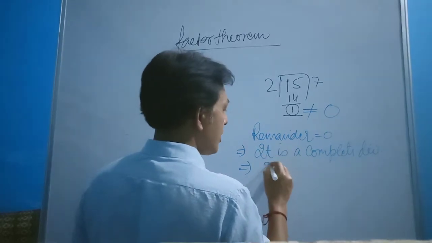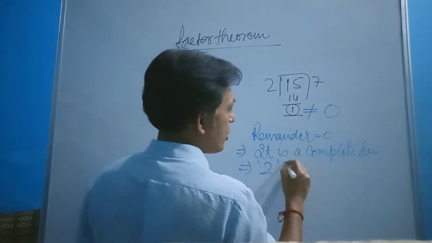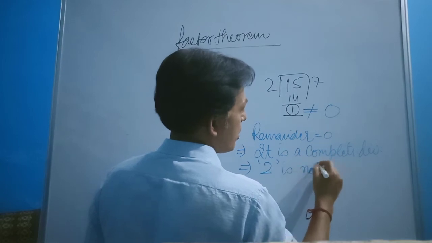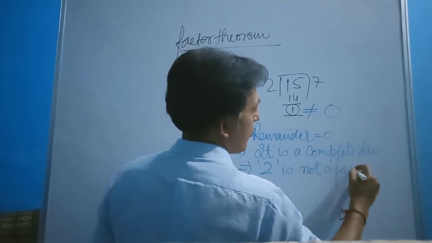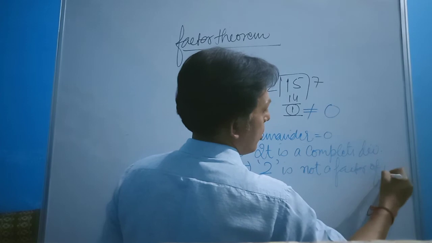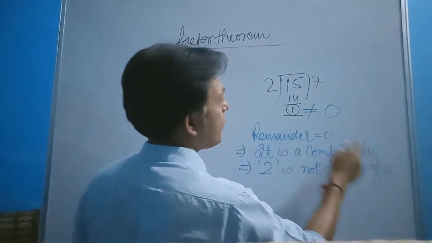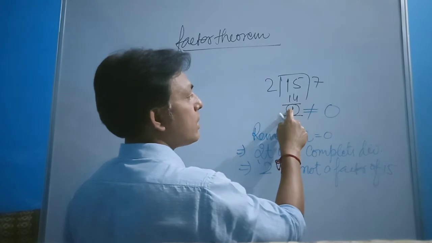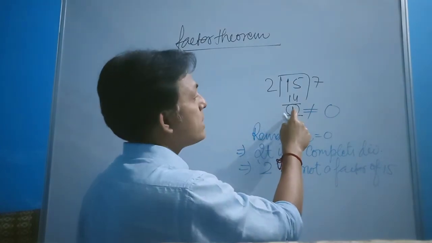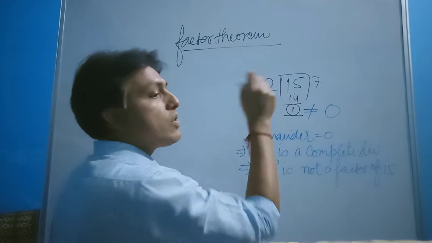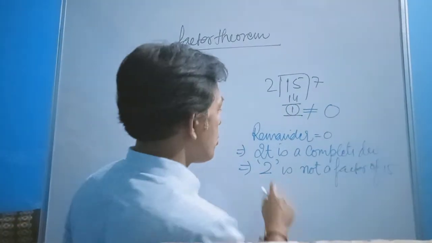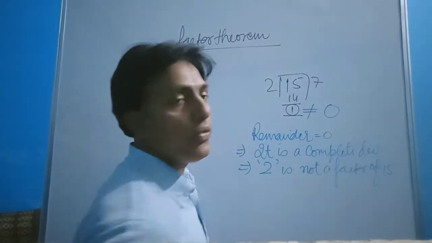So 2 is not a factor of 15, since the value of the remainder is not 0.